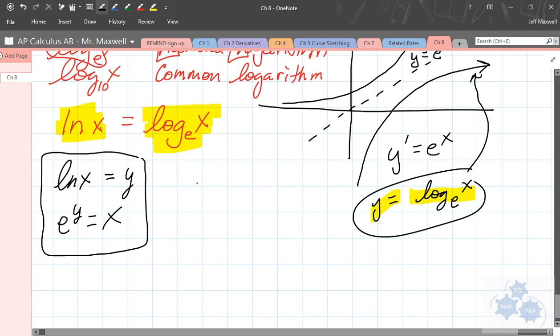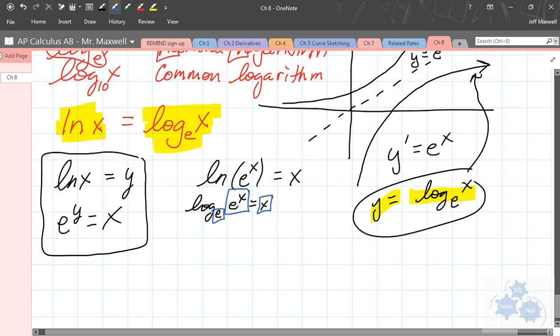Another thing that's going to come in handy is if you have the natural logarithm of e to the x, that equals x. Because it's like saying log base e of e to the x equals x. It's like saying e to what power is going to give us e to this power?